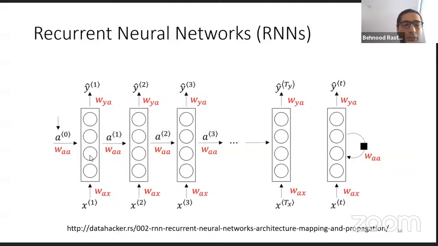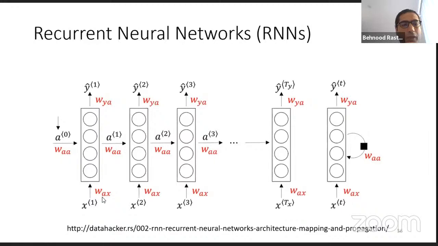And then you have your output at time 1, time 2, and so on. And these are basically the weights and the parameters that govern this type of RNN network.